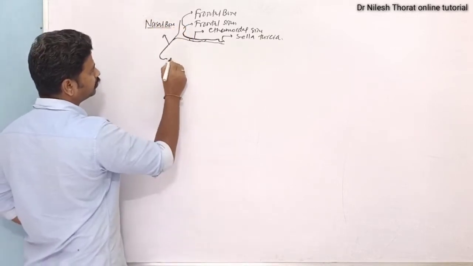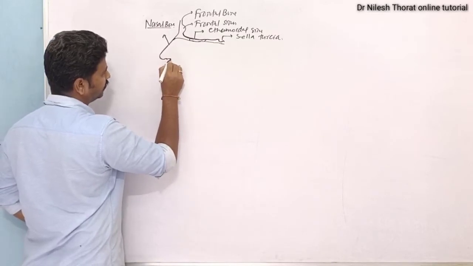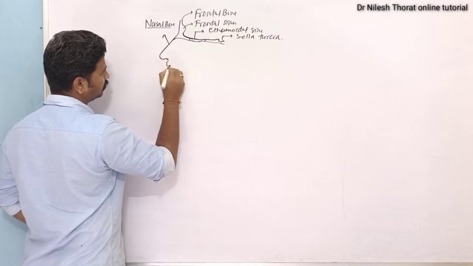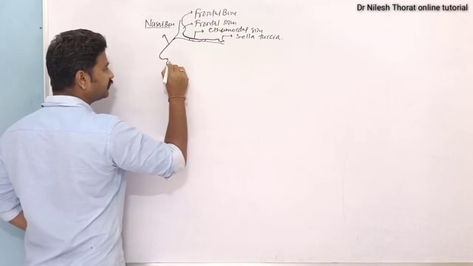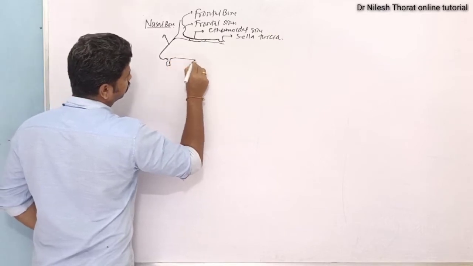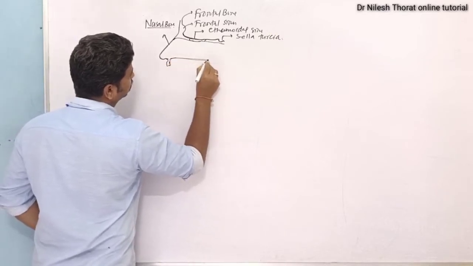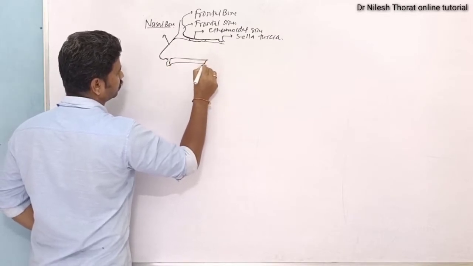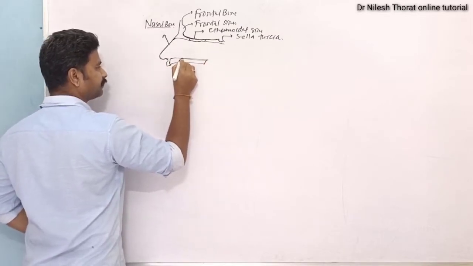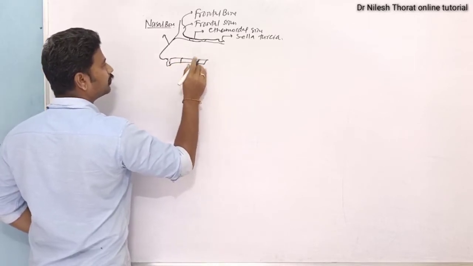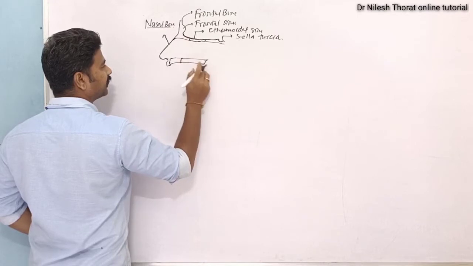On the lower side, here we are having our upper lip, and the inferior part of this nasal cavity is having, this is a hard palate which is in front formed by maxilla, and on the back side which is formed by the palatine bone.